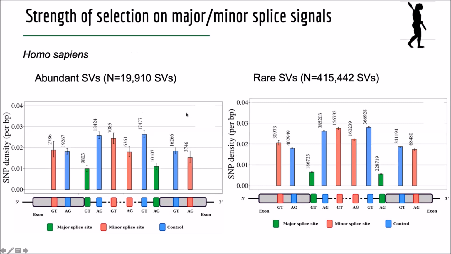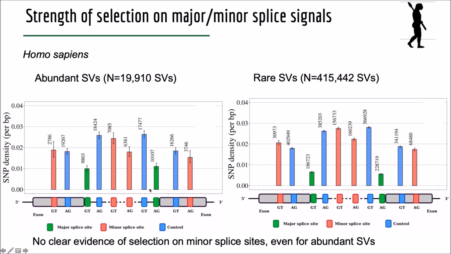We looked at the same thing in humans, but in humans, even for the abundant splice variants, we see no evidence of selective pressure on the minor splice sites, which implies that even among the abundant splice variants in humans, a vast majority of them show no evidence of functionality.